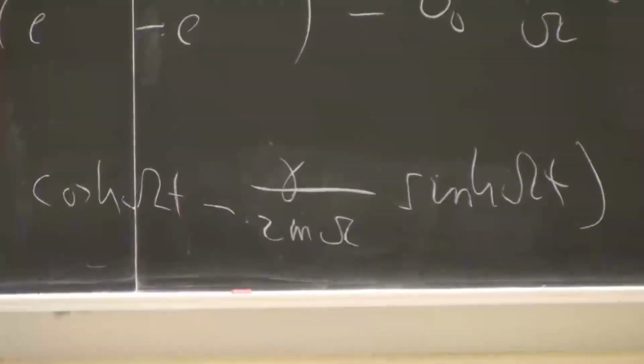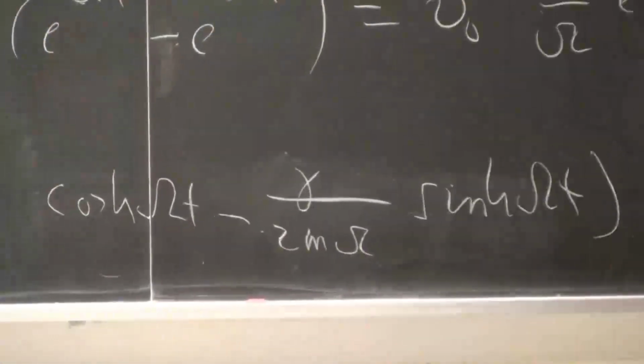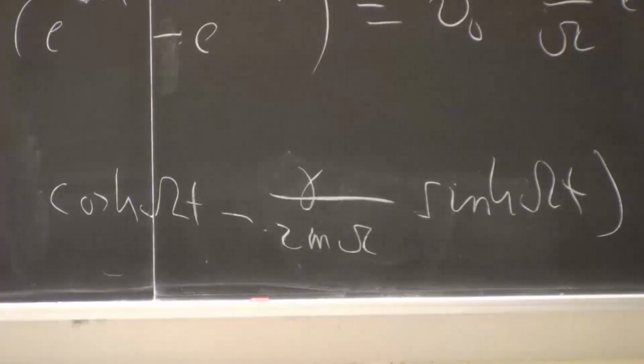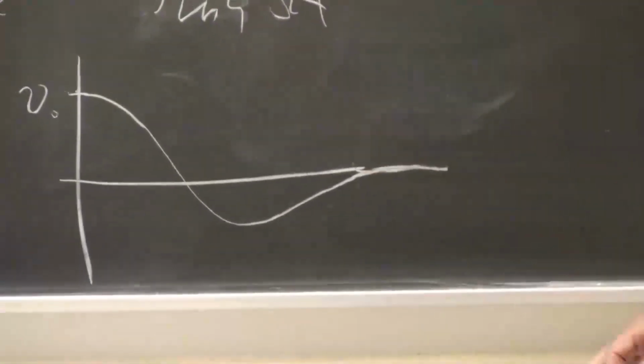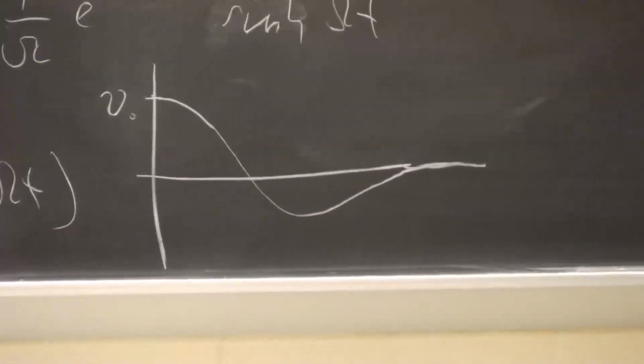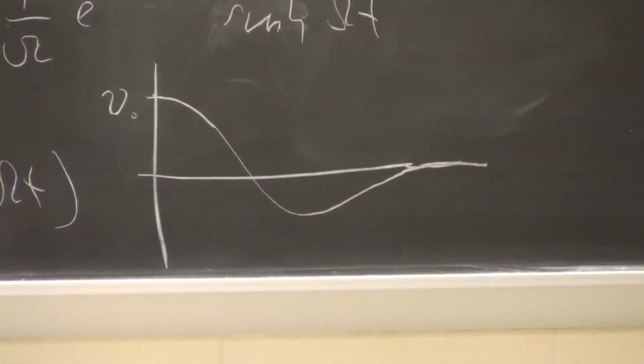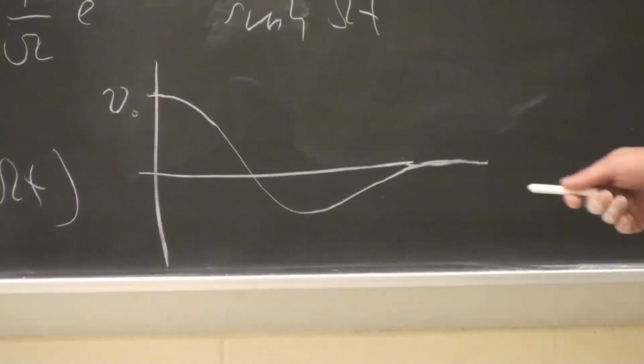So if we plot this, then we find that this goes as follows. This one is V0, let's say it was positive. Then we are getting 1 going down to negative and then coming back. So we're getting not a real oscillation, but one zero crossing.